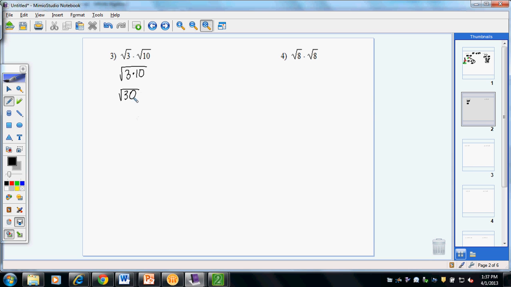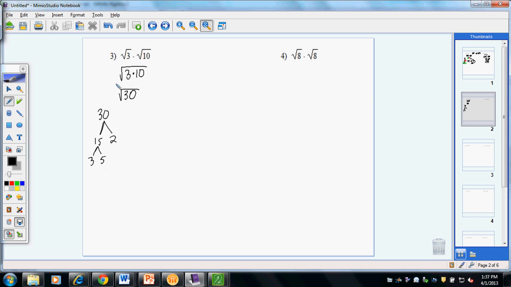Okay, now this one, if we try to think about what I have that might be a perfect square that I can multiply this with, this doesn't seem to be as intuitive for us. So let's look at 30 in a factor tree. Okay, so we have a 15 and a 2, and then we have a 3 and a 5.